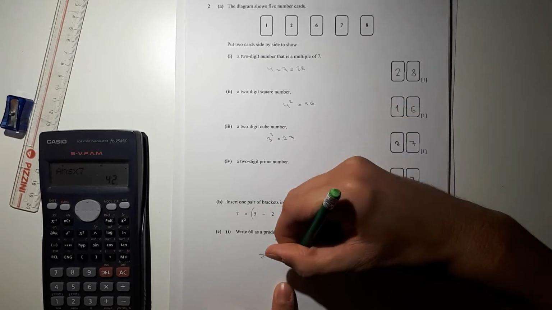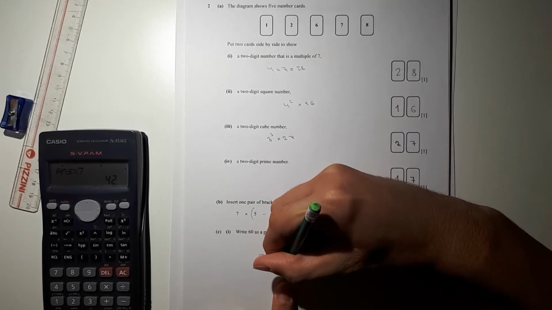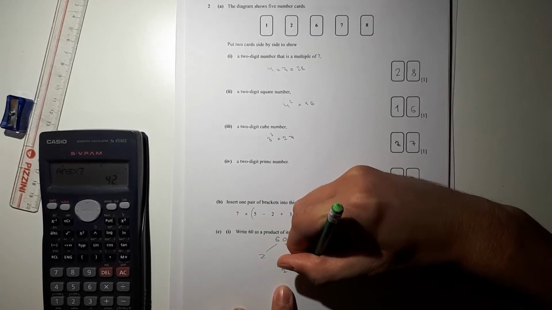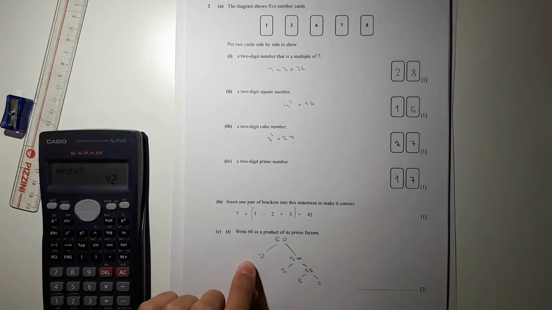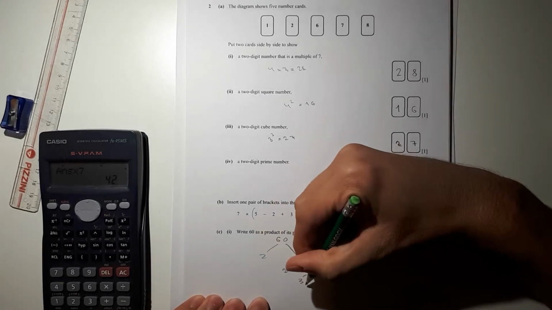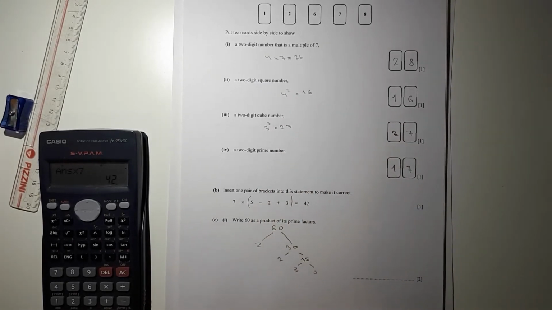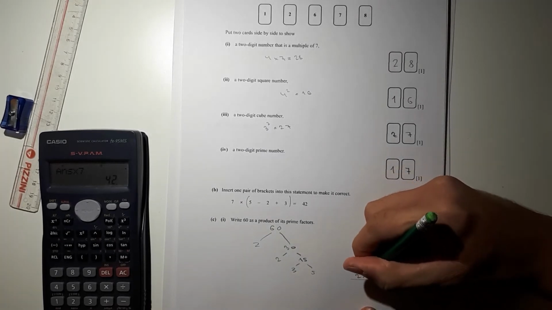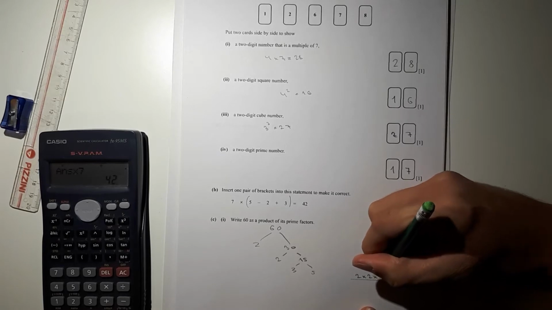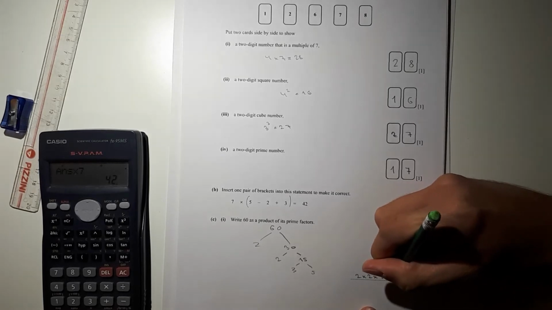Then we divide again by 2, so this gives us 2 and 15. Now we divide this by 3, giving us 5. So these 4 numbers are prime factors, prime numbers. So we should write it like this: 2 multiplied by 2 multiplied by 3 multiplied by 5.